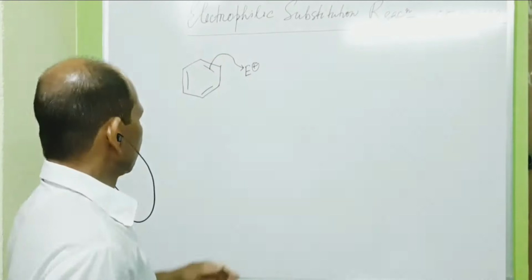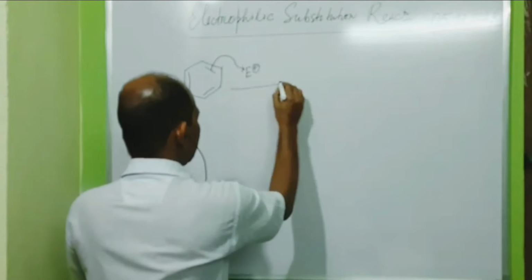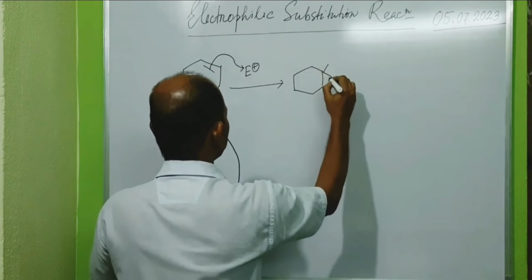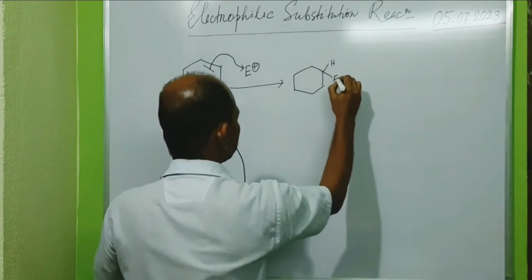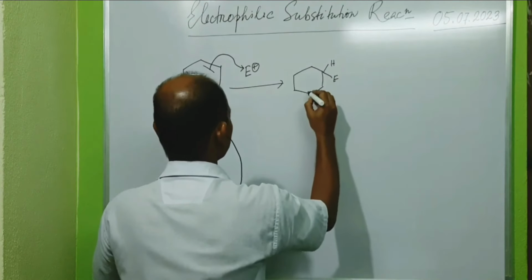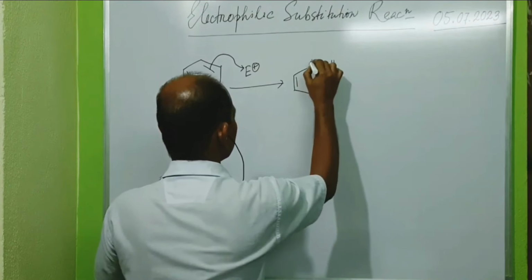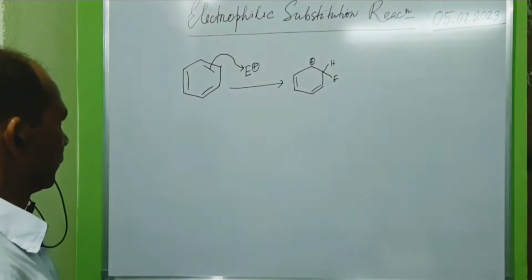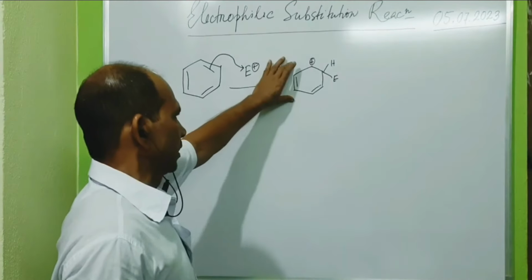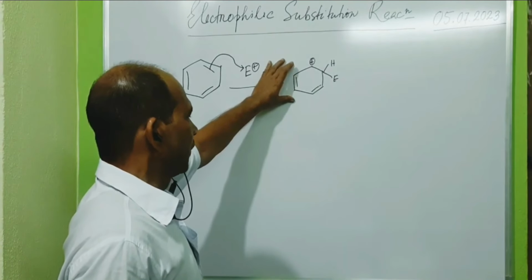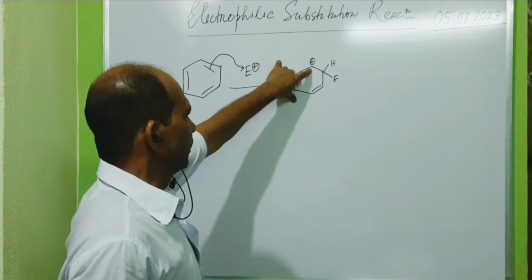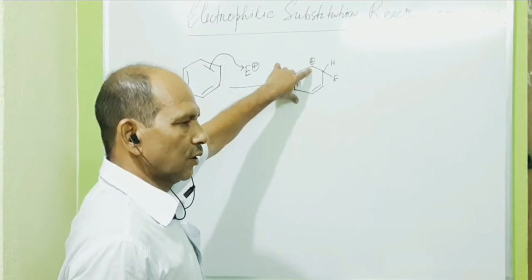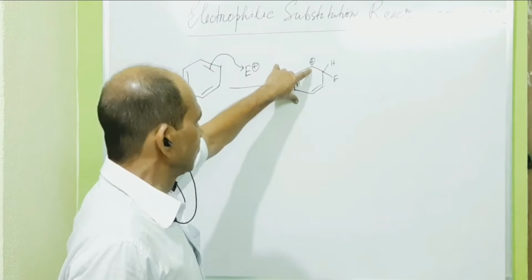Therefore, that leads to the intermediate. Look at this structure. There are two pi bonds. Here it is a vacant orbital which carries a positive charge. It is also called carbocation.